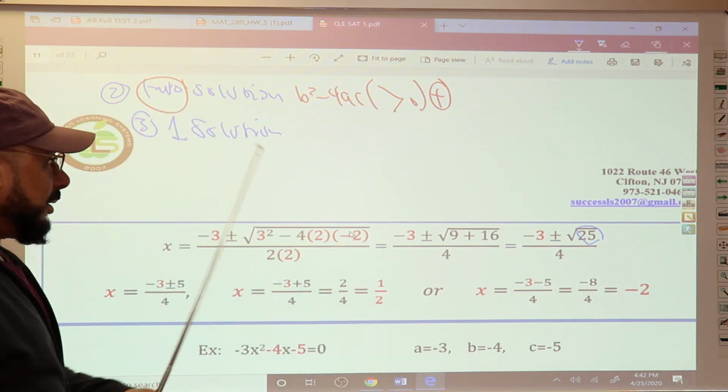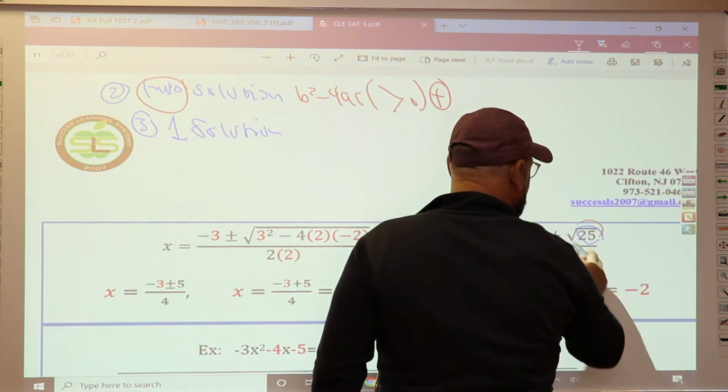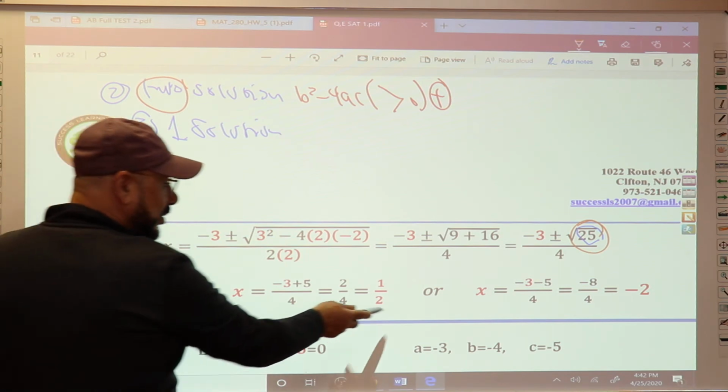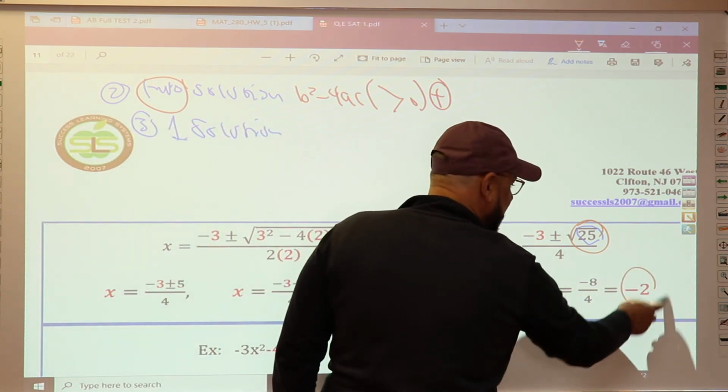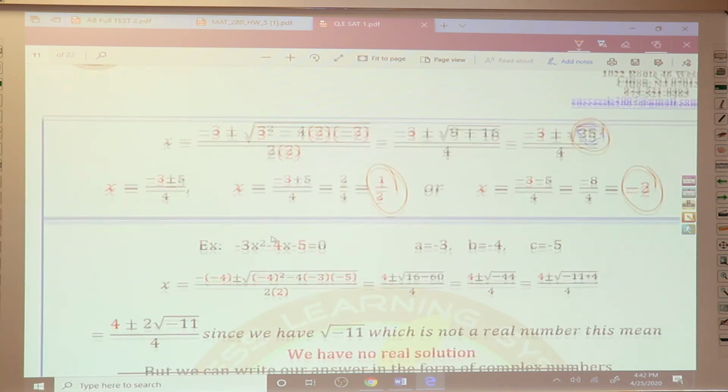If this is 25, positive, then I have two solutions: 1/2 and negative 2. Good? Let us take another example.